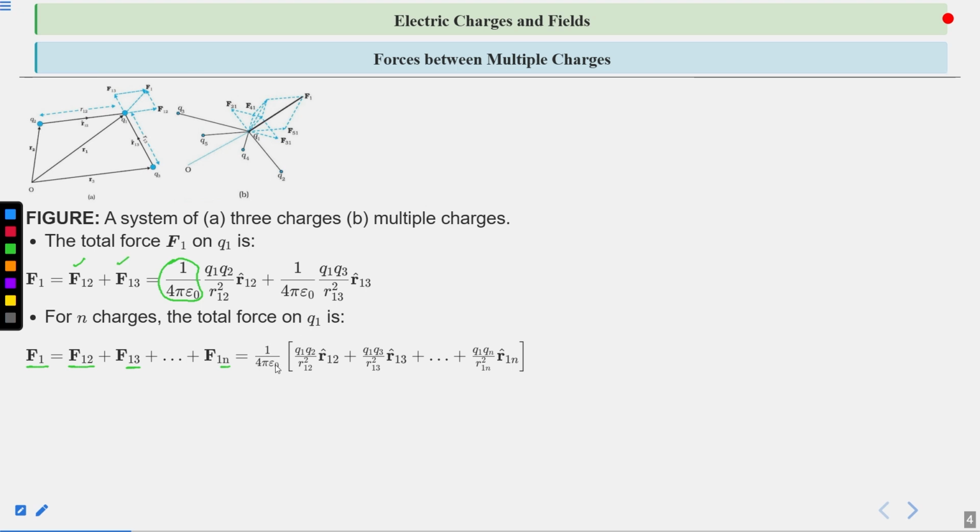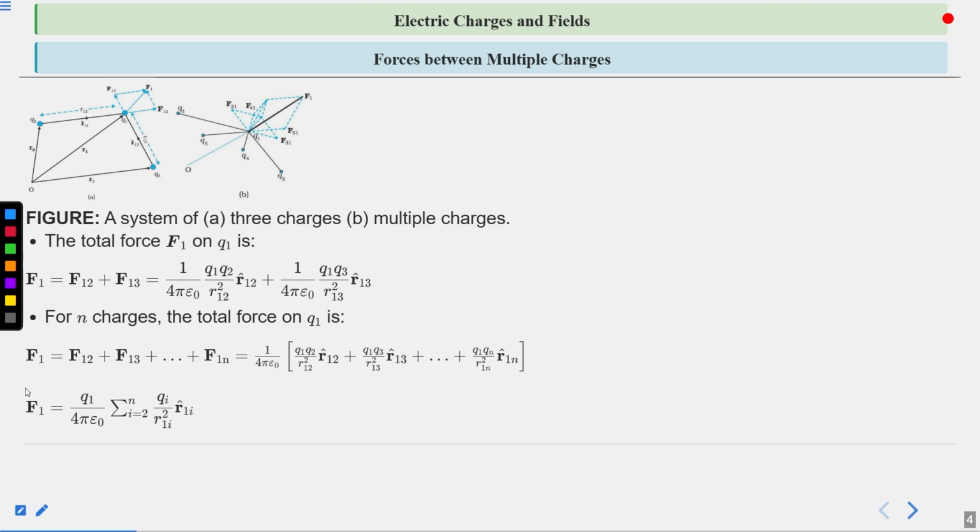So it will be Q1 Q2 divided by r square 12 r cap 12, similarly Q1 Q3 divided by r square 13 r cap 13, where r cap is the unit vector giving the direction. Now the force on charge Q1 due to the nth charge is Q1 Qn divided by r square 1n r cap 1n. So this is the force on a single charge due to n charges. I hope this is clear.